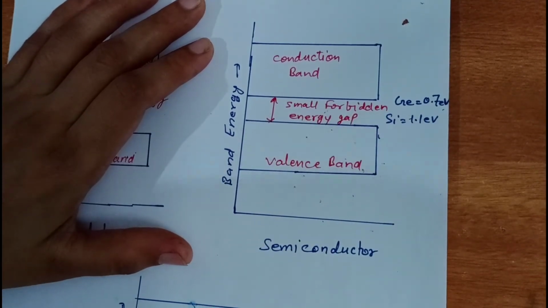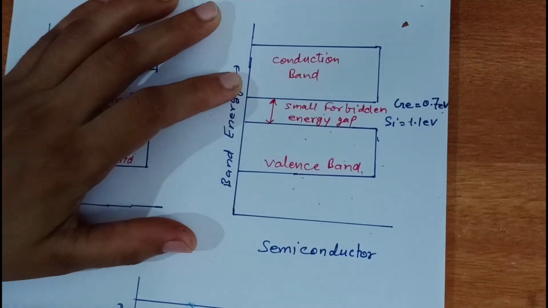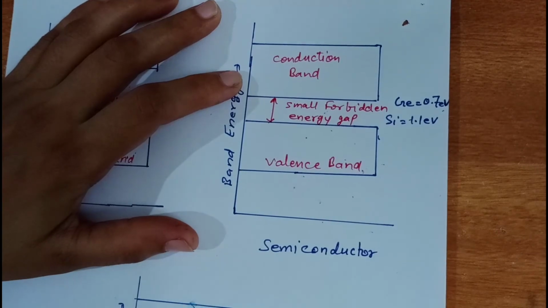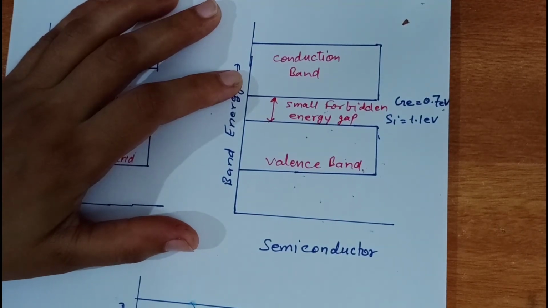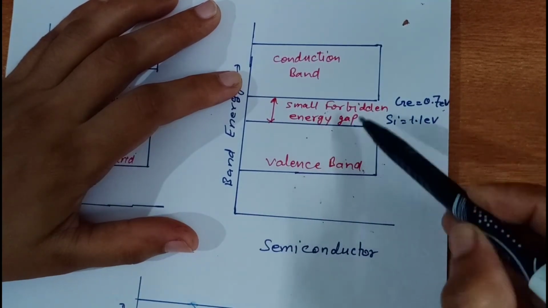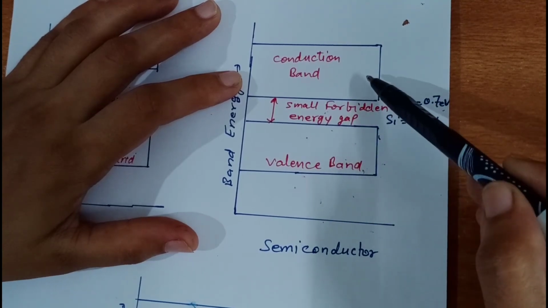At room temperature, this conduction band is totally empty. There are electrons in only the valence band. But when we increase the temperature or provide some potential difference to the semiconductor, some of the electrons are able to jump across this forbidden energy gap and move to the conduction band.